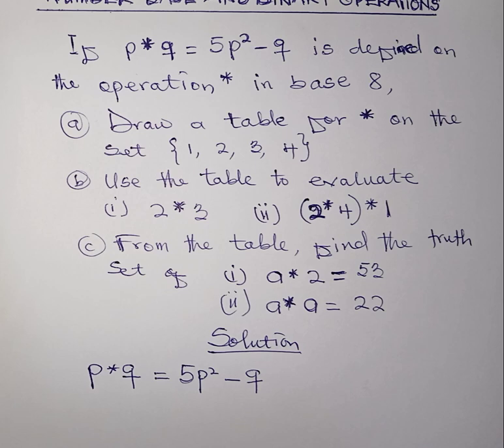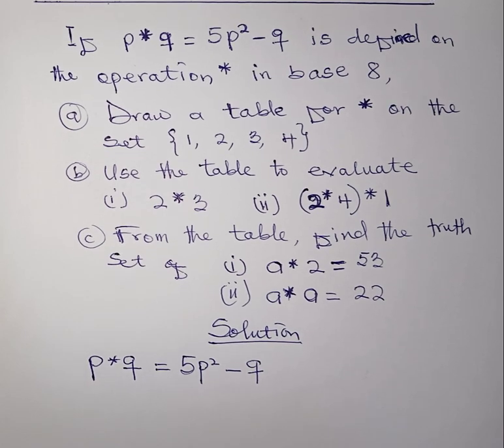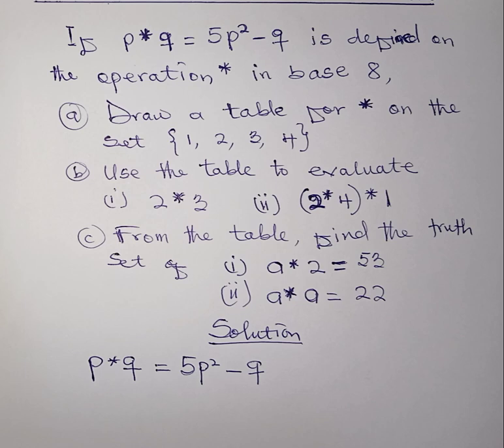So in A we are asked to draw a table for the operation on the set. So we are going to draw our table and see how we can fill out the spaces in the table.